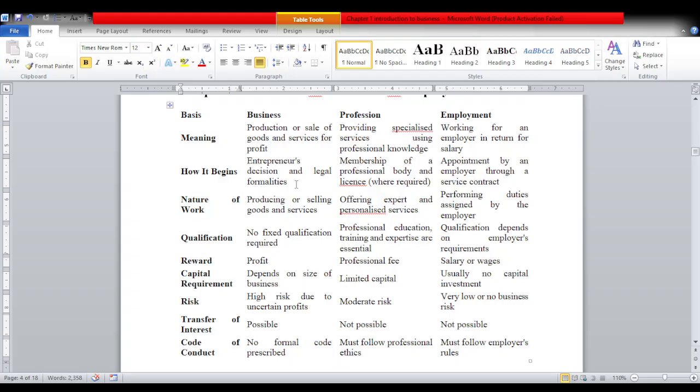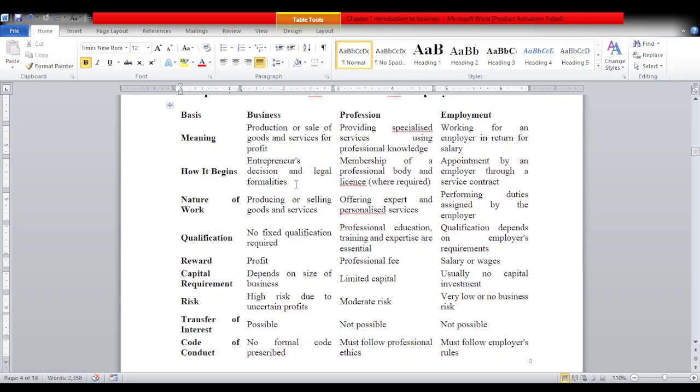Sometimes these qualifications are demanded by the employer. So in this way, employment has qualification requirements from an employee's point of view, and they demand particular certification and degrees once you apply for a particular job and its rights and responsibilities. Next, reward.